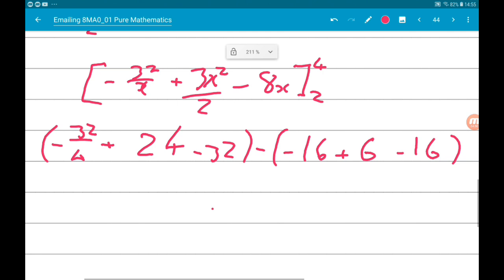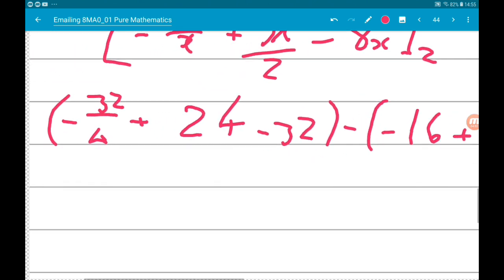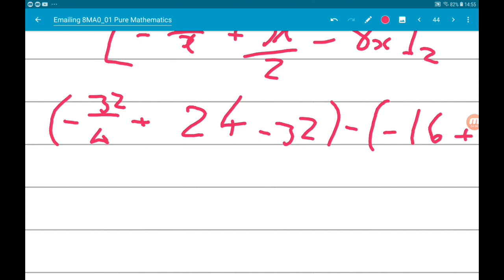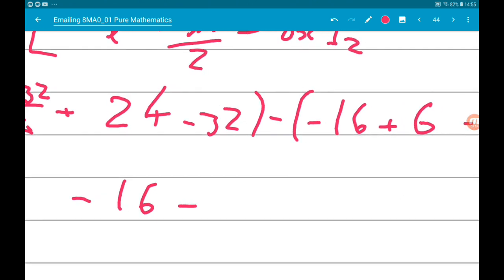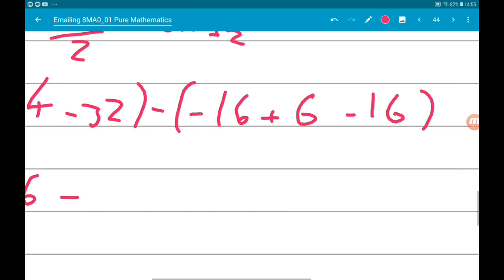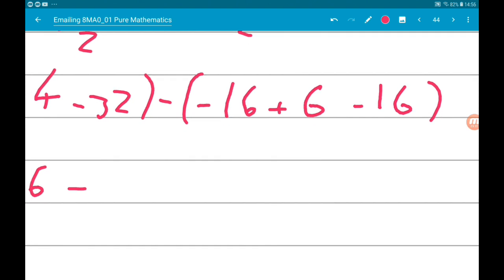So this first bracket gives us minus 32 over 4 is minus 8. Minus 8 minus 32 is minus 40. Add 24 gives us minus 16. Now in the second bracket, we've got minus 16, minus 32, add 6, which gives us minus 26.